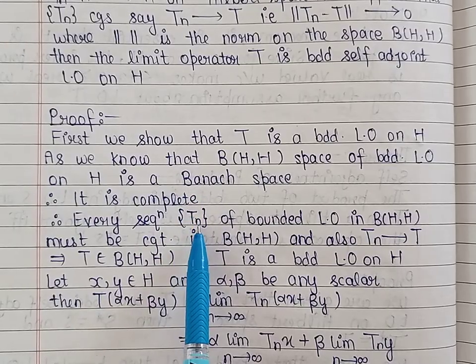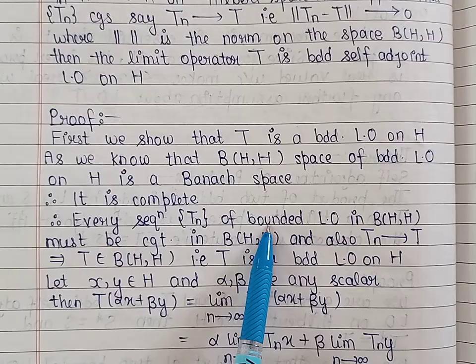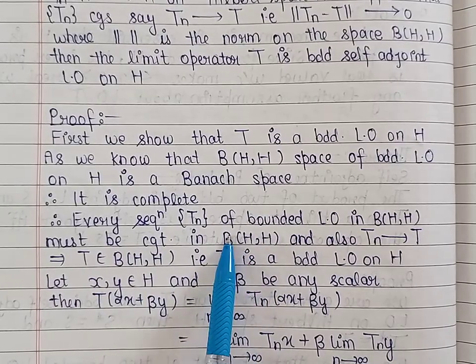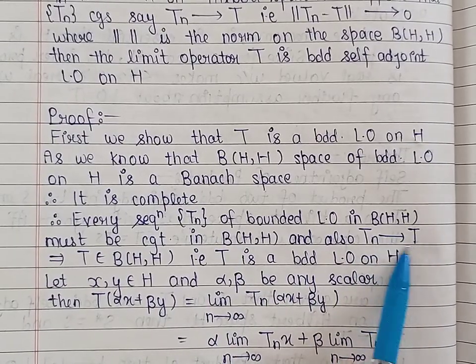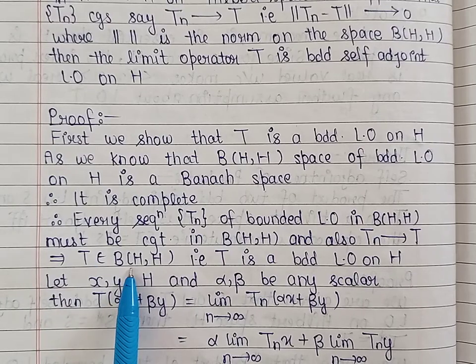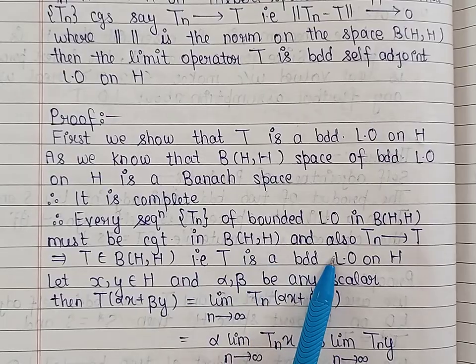So every sequence Tn of bounded linear operators in this space is convergent in the same space. Here, because Tn converges to T, the limit function will also belong to the same space. It means T will also be a bounded linear operator.